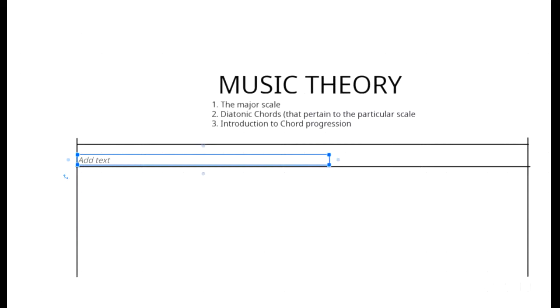I may need to go back to the piano to help reinforce this concept, but just give me a second. Let me create some more space here.